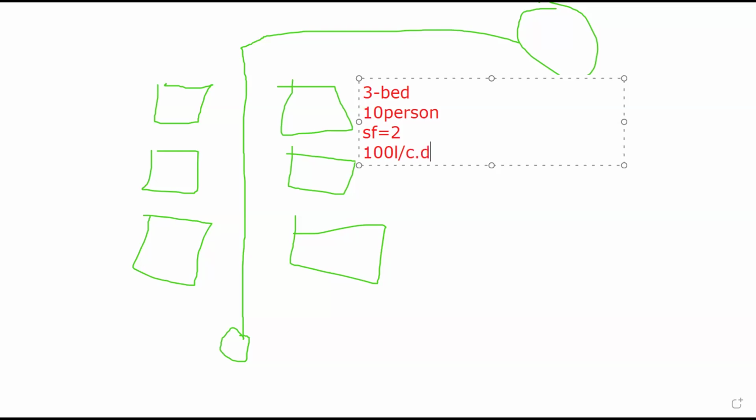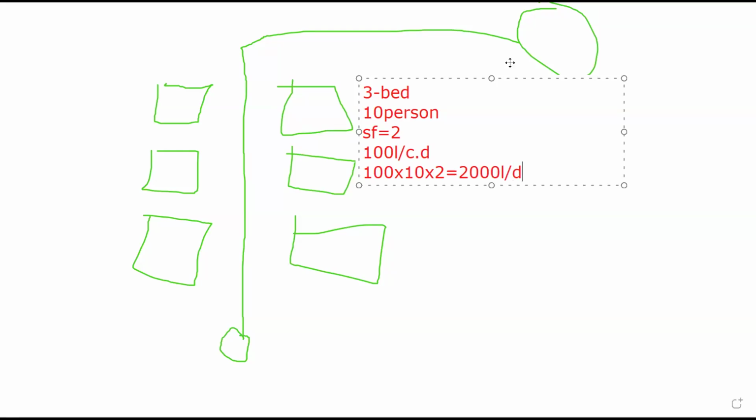We did all this last week. Therefore, the water requirement for a 3-bedroom house is the value for one person, which is 100, multiplied by the number of persons, which is 10, multiplied by the safety factor, which is 2. And we are getting 2,000 liters per day. No more capita, because I've multiplied by 10.